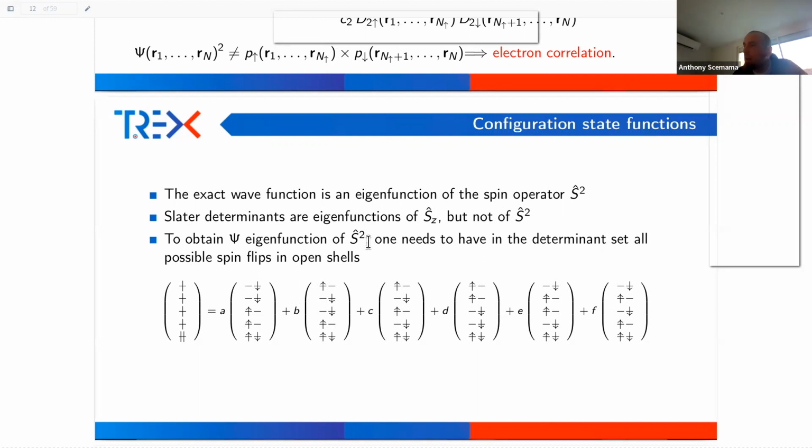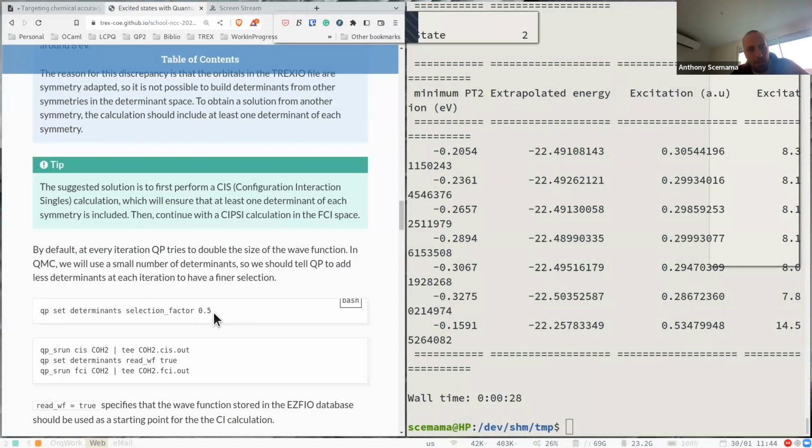This is why the wave function doubles and a little bit more. That's the default way it's implemented. But you can also slow it down a little bit, so that the selection is made more precisely.